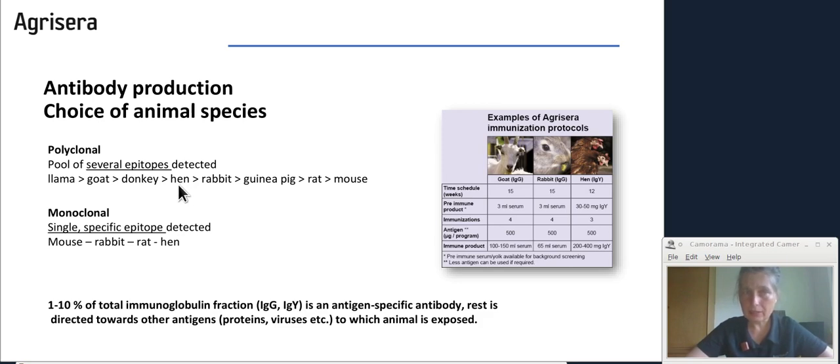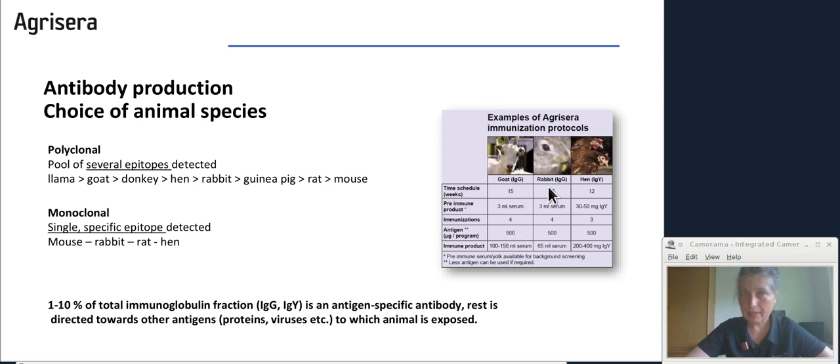So for a standard research lab, usually chicken or rabbit produces enough antibody to fulfill the amount needed for conducting plant experiments, while goat, donkey, or llama are used by diagnostic companies or for production of secondary antibodies where large amounts of antibody are required.